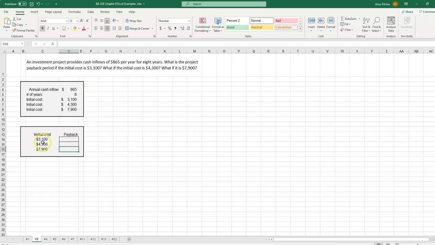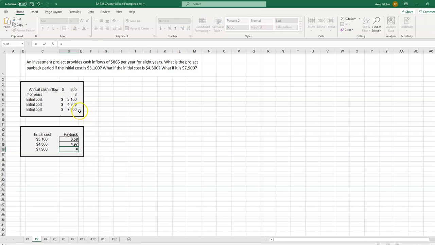So when we're looking at the payback for $3,100, we take $3,100 divided by the cash flows of $865. If this project cost $3,100, we will pay it back in 3.58 years. If the project costs $4,300, it will take us 4.97 years to pay it back.